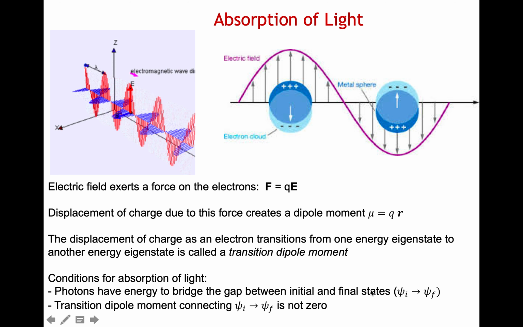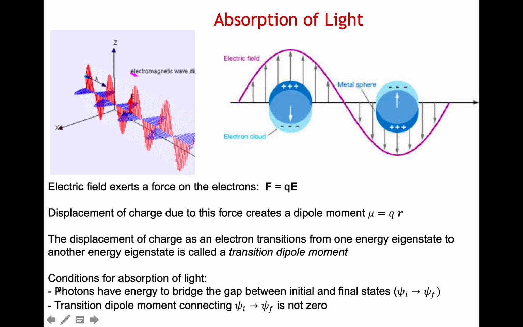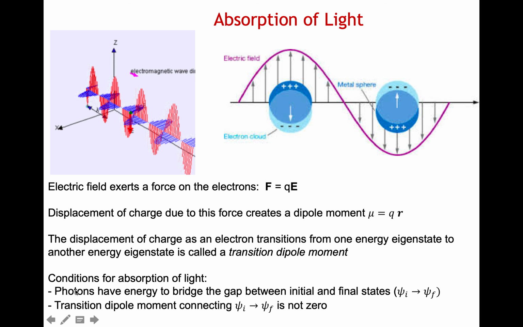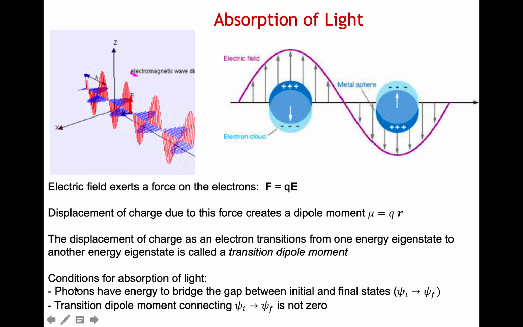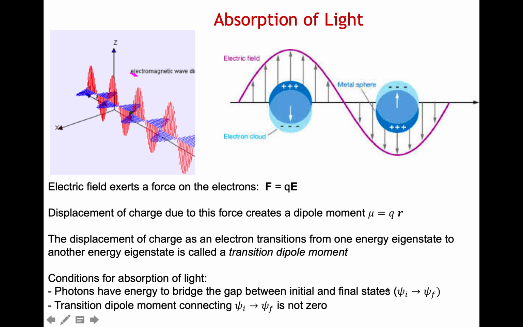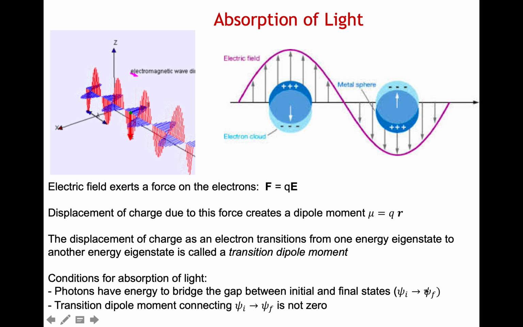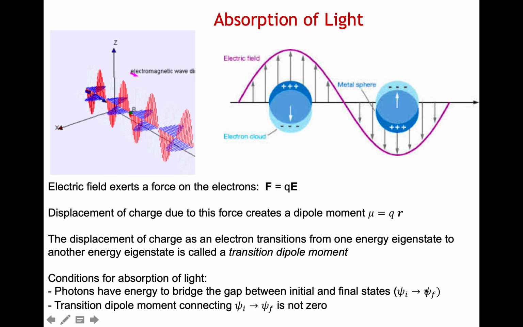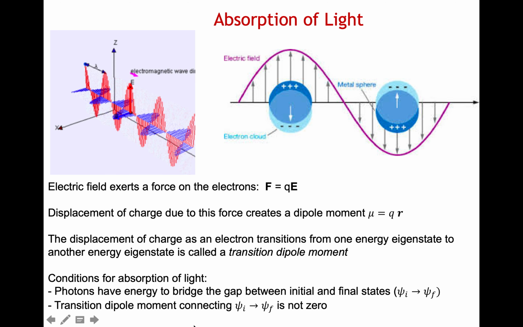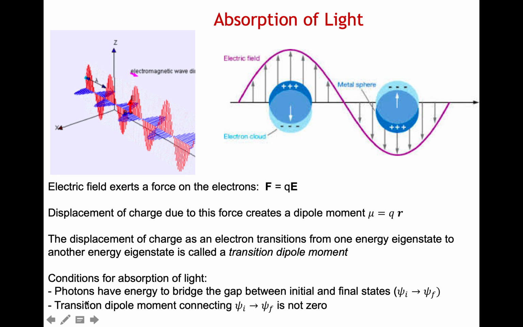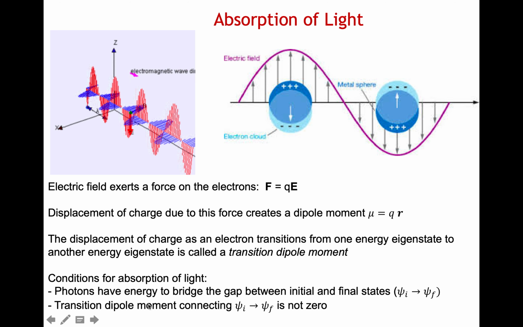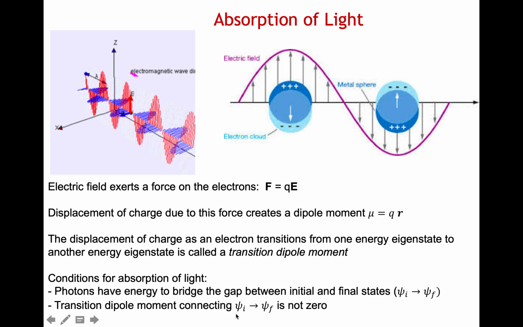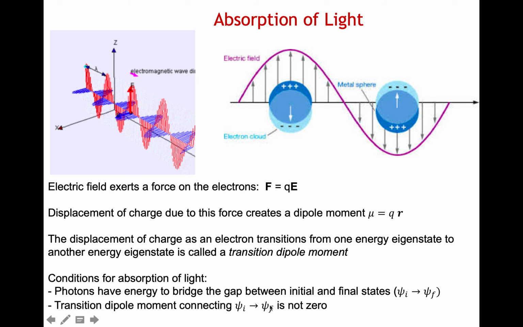In that example, we saw that beta carotene absorbed light specifically at colors that had energies matching the energetic gap between psi 11 and psi 12. So that's certainly an important criterion for light to have, but the other thing that has to happen is that there has to be a transition dipole moment associated with the transition between psi I and psi F.